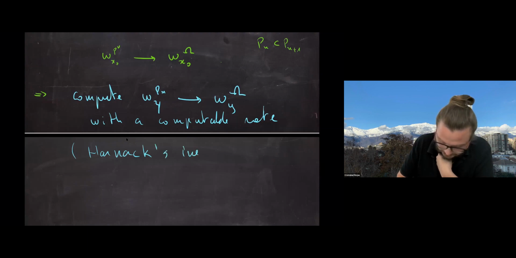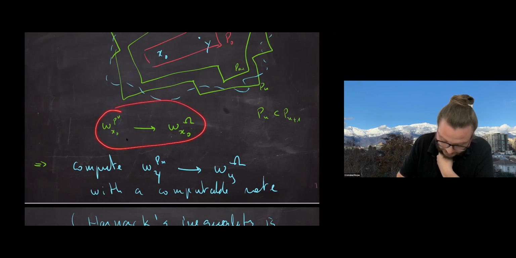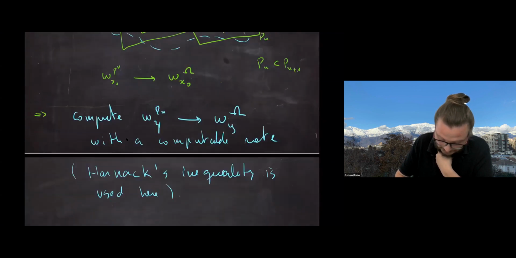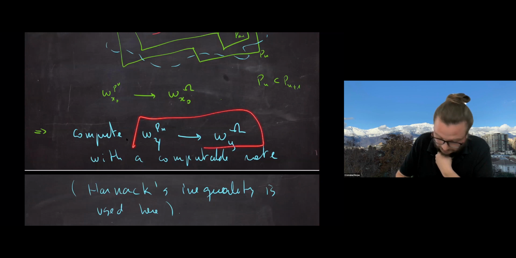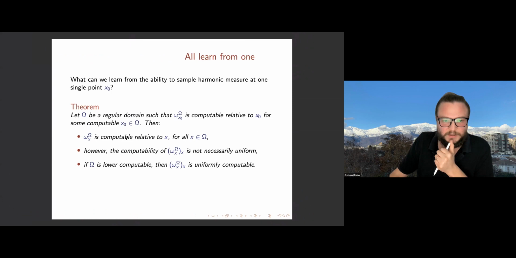Given that we can choose this rate to be as good as we want, we pick it in such a way that when applying the Harnack inequality, we get the computable rate that we ask for. That's how we prove the first part of this theorem.